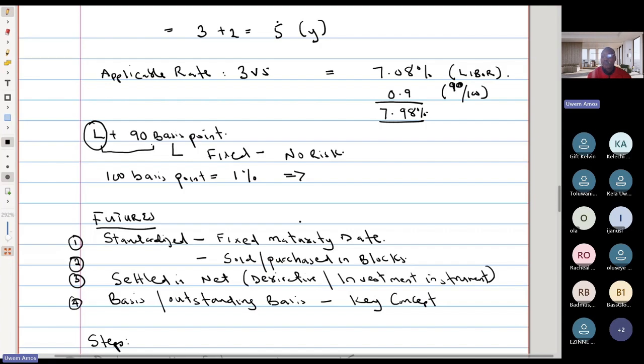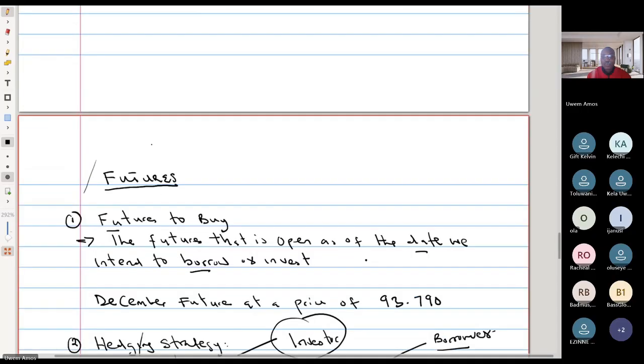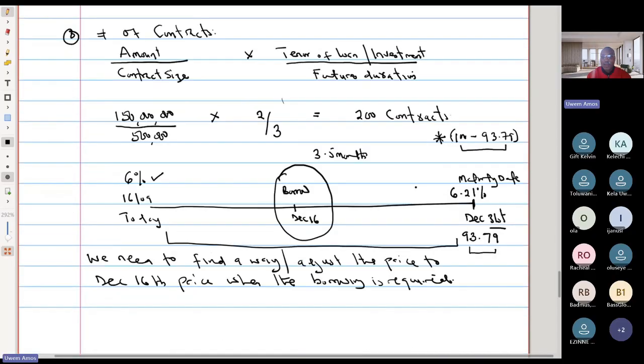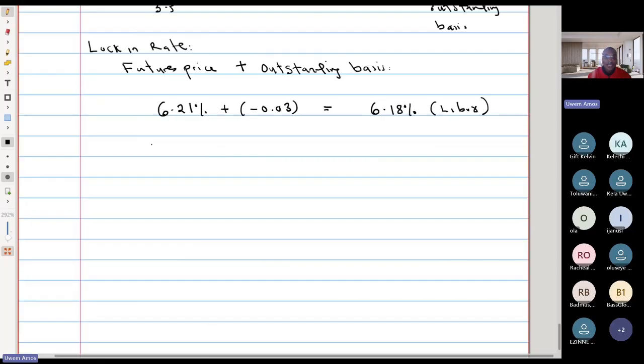So our 90 basis point will always be added whenever we finish our calculation. So we just add our fixed element, which is 90 basis point, which is 0.9.